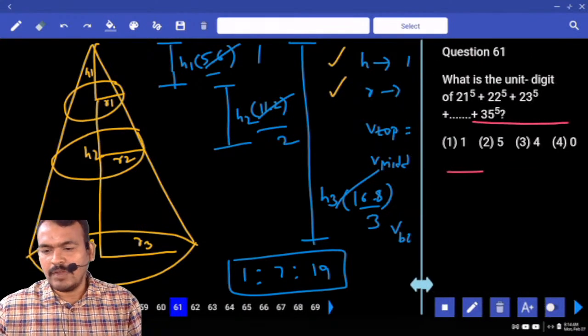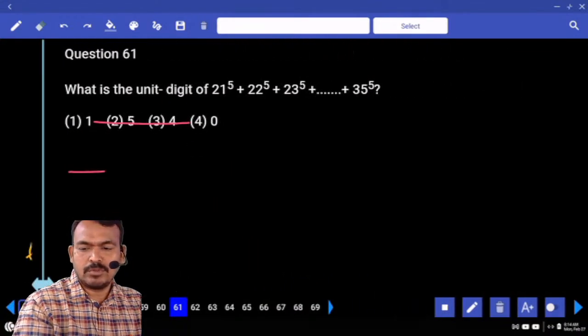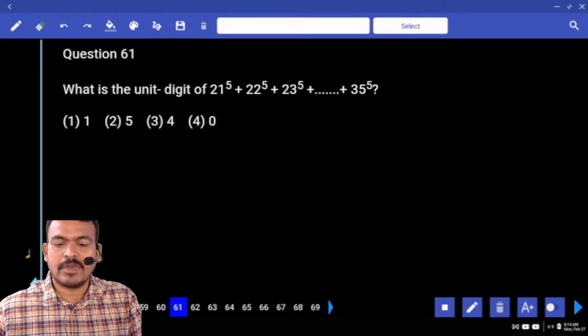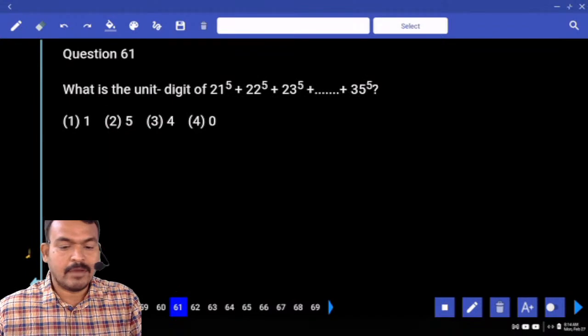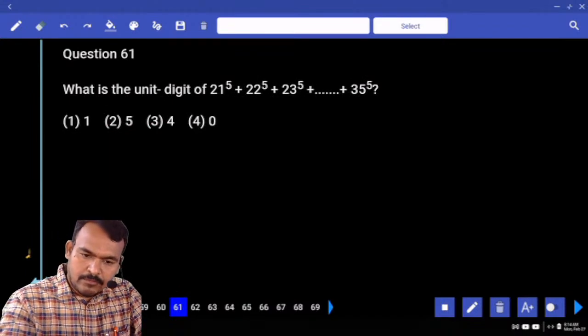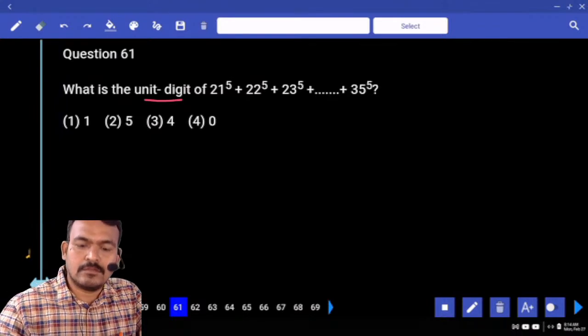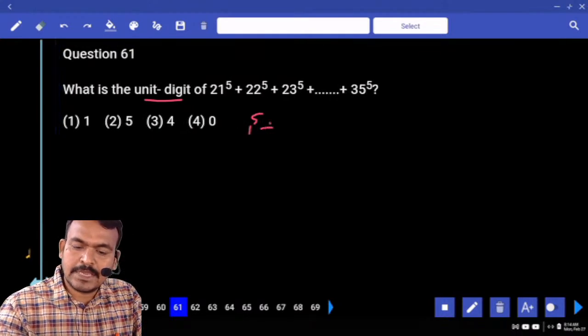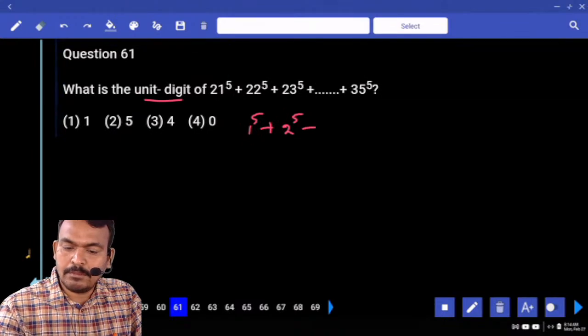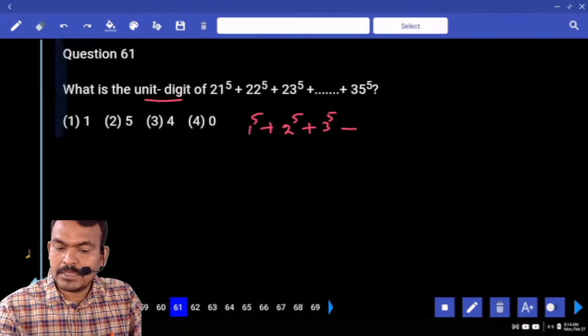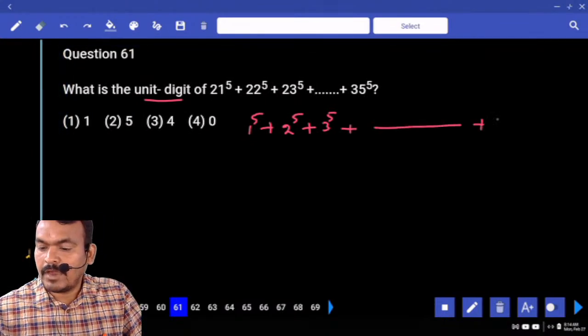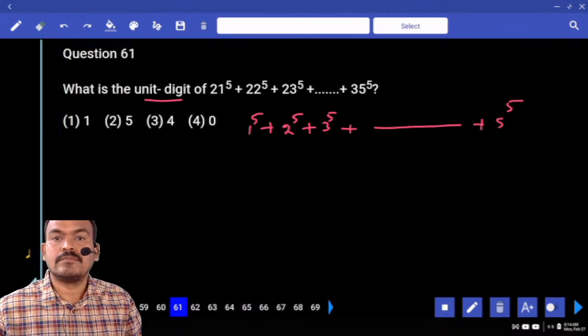What is the unit digit of 21 power 5 plus 22 power 5 plus 23 power 5 and so on up to 35 power 5? Okay. For the unit digit we concentrate only on the units position. First 1 power 5, second 2 power 5, plus 3 power 5, plus so on up to 5 power 5.